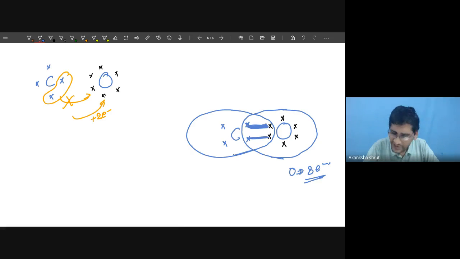Then this carbon will search for the other oxygen atom. If the other oxygen fellow comes closer to this carbon, then this new oxygen fellow will also share its 2 more electrons with the same carbon with which the earlier oxygen has shared.